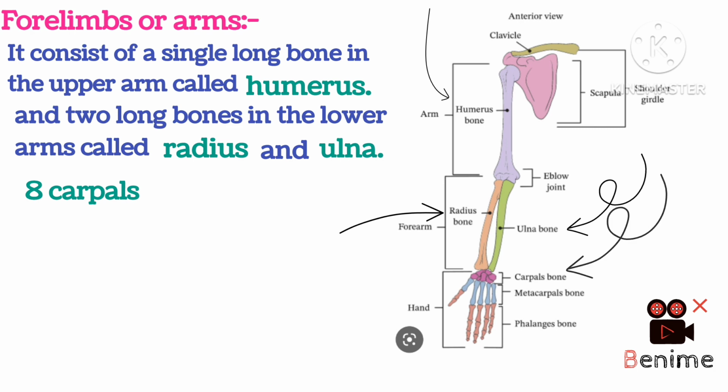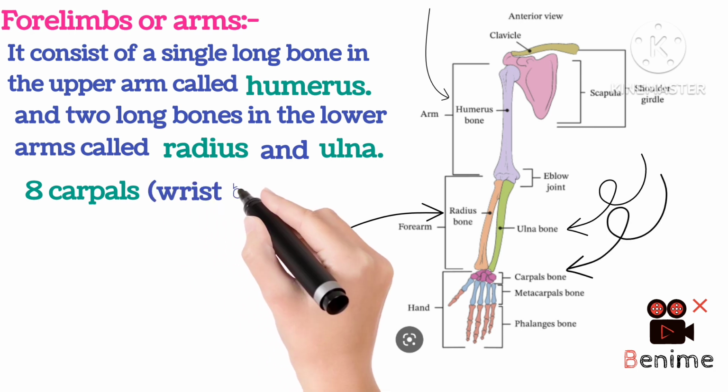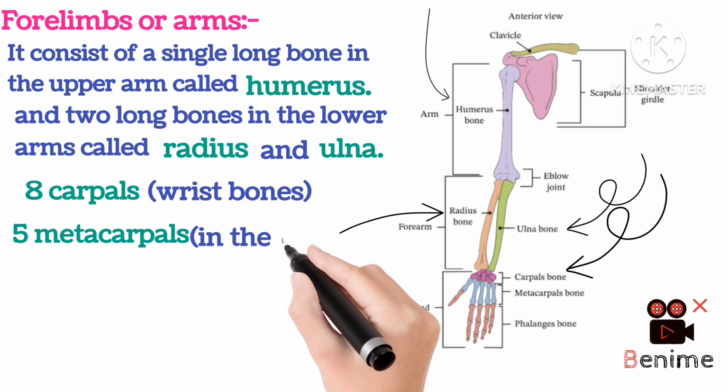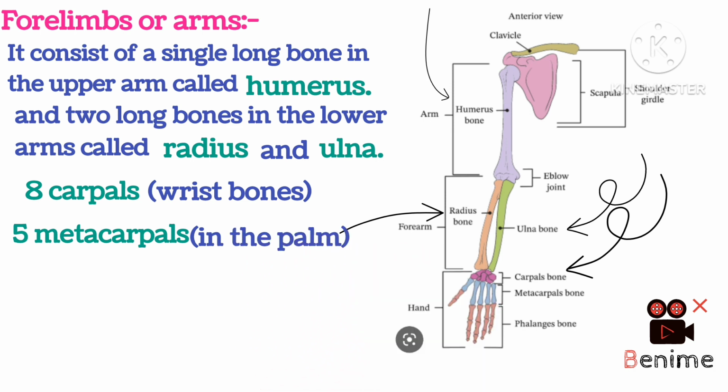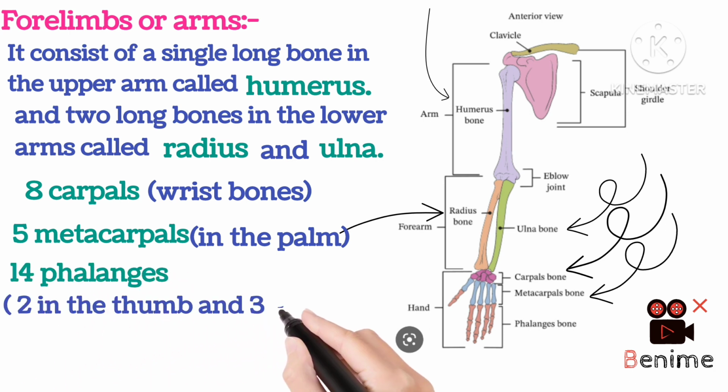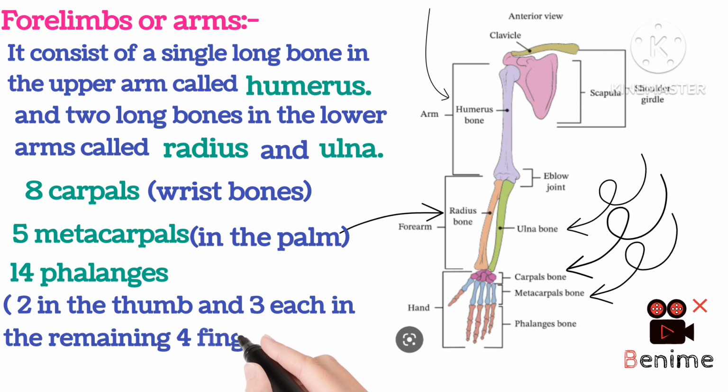Then 8 carpals in the wrist region, 5 metacarpals in the palm and 14 phalanges, 2 in the thumb and 3 each in the remaining 4 fingers.